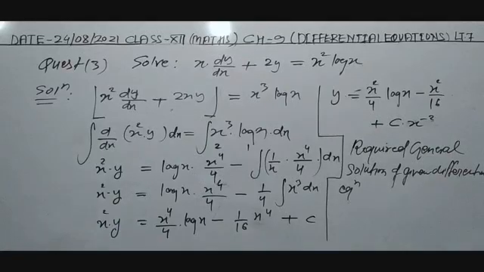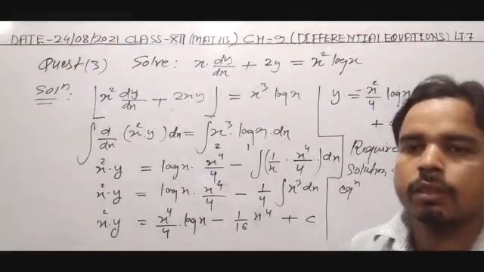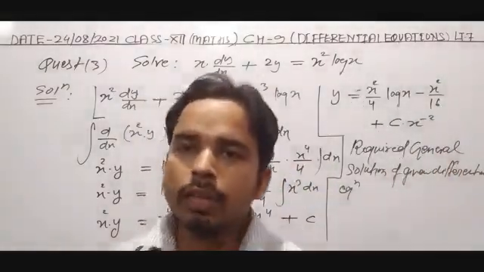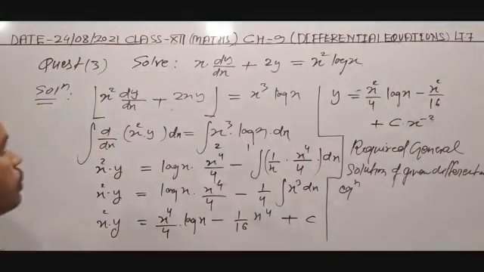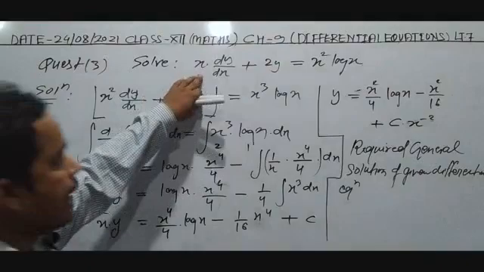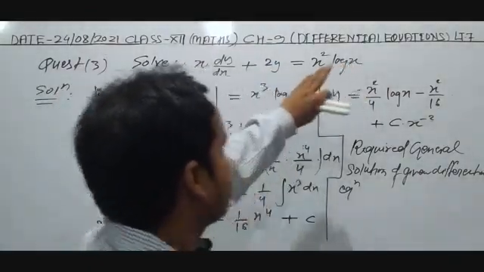Now see, in this question what do we have to find? We have to find the general solution, or solve the differential equation. Solve the differential equation means we have to find the general solution. So the given differential equation is x times dy by dx plus 2y is equal to x square log of x.